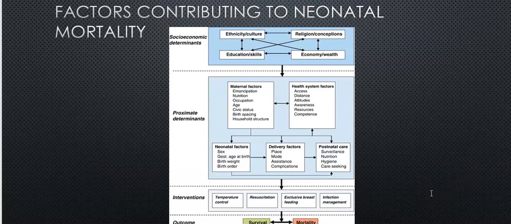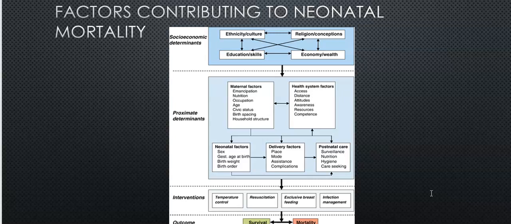There are lots of factors that can contribute to the baby's ability to survive or not, and this graph is showing you those different factors. The ethnicity and culture of the family, or religious beliefs of the family, the education and skill and background of the parents, their socioeconomic wealth.